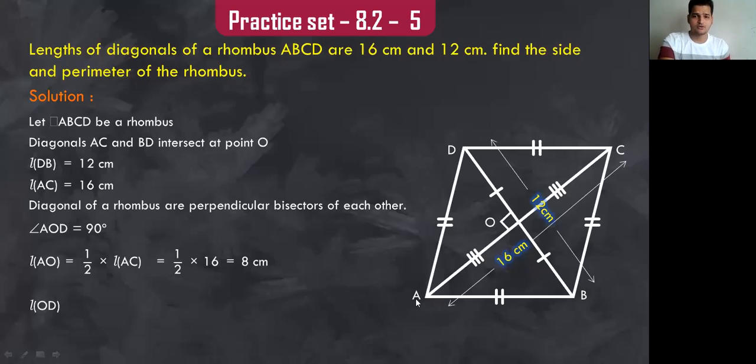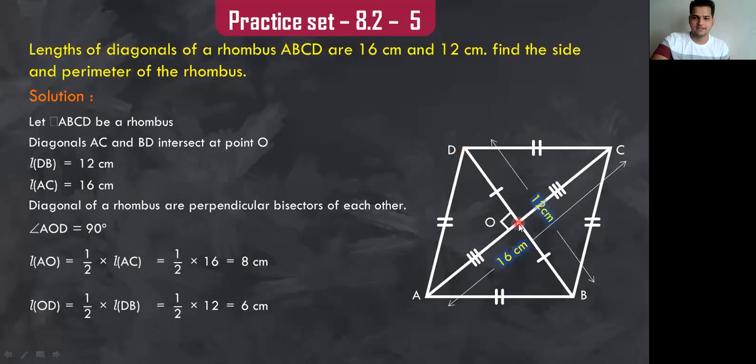Now let us think about the other segment. Segment OD. OD will be half of, correct, diagonal BD length. That is half of 12, which is 6 centimeters. Alright students, so just now we have found the two lengths in the rhombus.